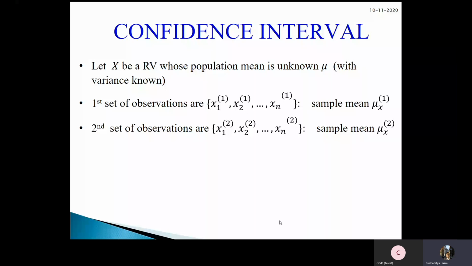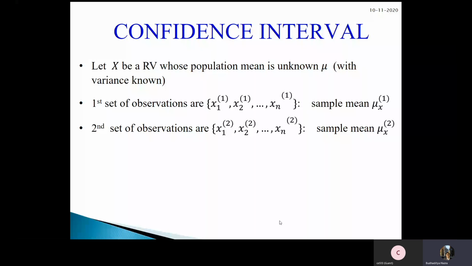Now, ideally mu x1 should be equal to mu x2, should be equal to mu. But what does it mean to be ideal? It means that the number of samples should be infinite. You are not going to get an infinite number of samples in real life, can you? It is not possible, because of obvious limitations of performing a random experiment.